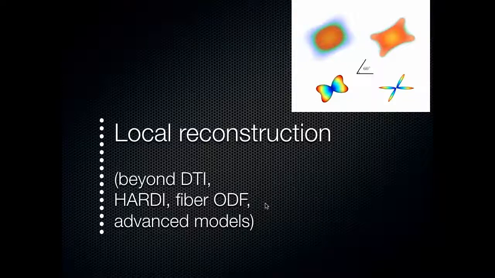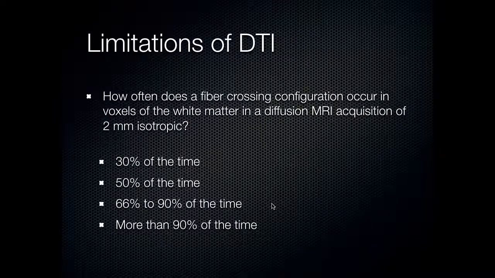So let's just briefly mention local estimation. We've heard a lot of nice talks this morning about it. I just want to quickly challenge the audience. If you read the question here, how many voxels do you think, the proportion of voxels where you have crossing fiber problem in diffusion MRI?